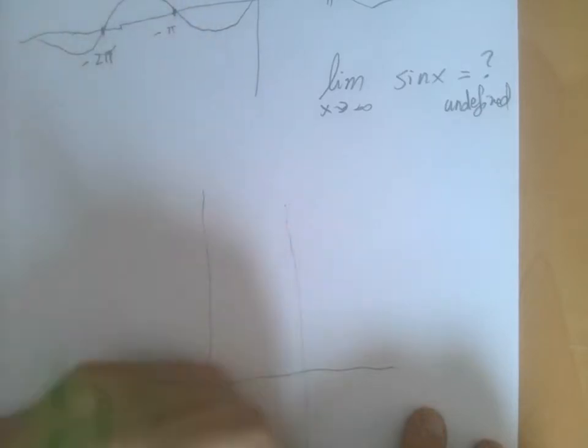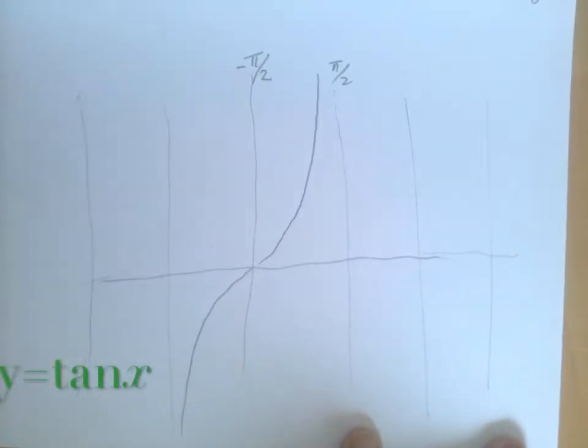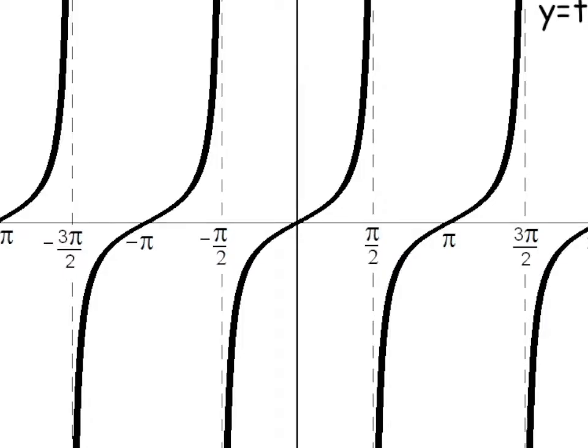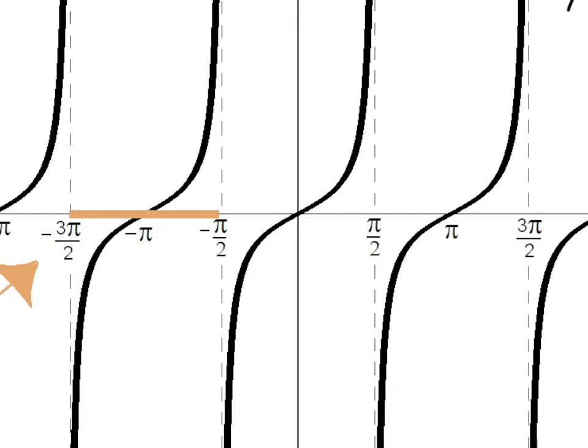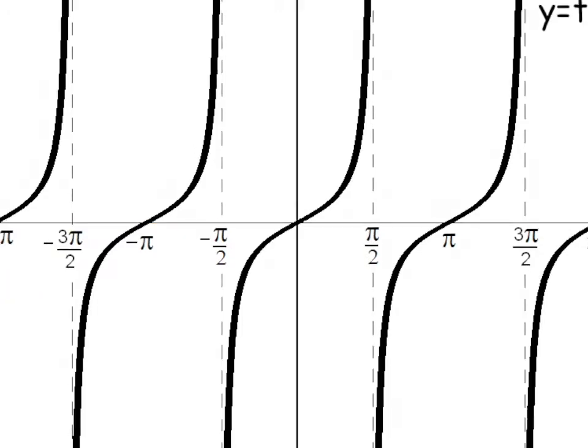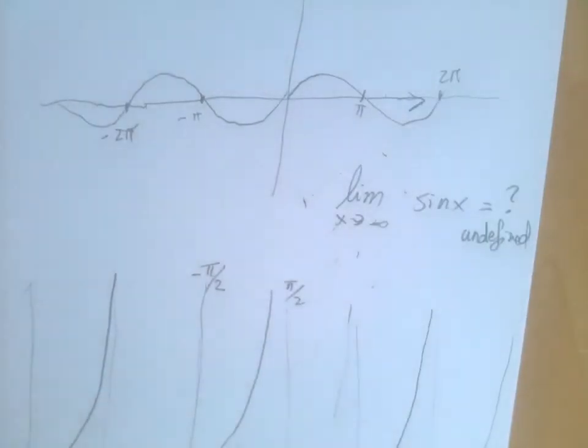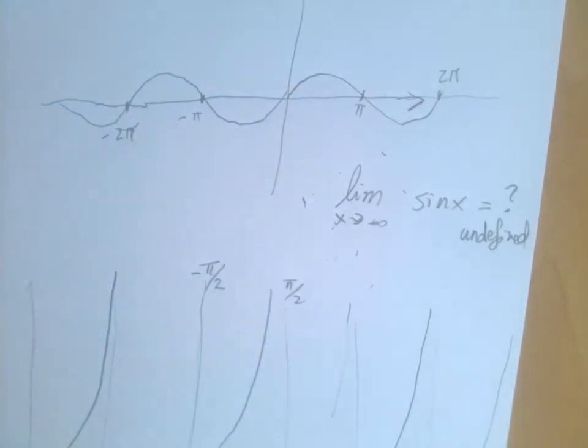Let's look at tangent x. If this is rusty for you, work on these. What tangent x is doing is that it has, say this is pi over 2. Just on this interval, it basically goes from negative infinity to positive infinity. But then it does it again and again and again. So what gives?